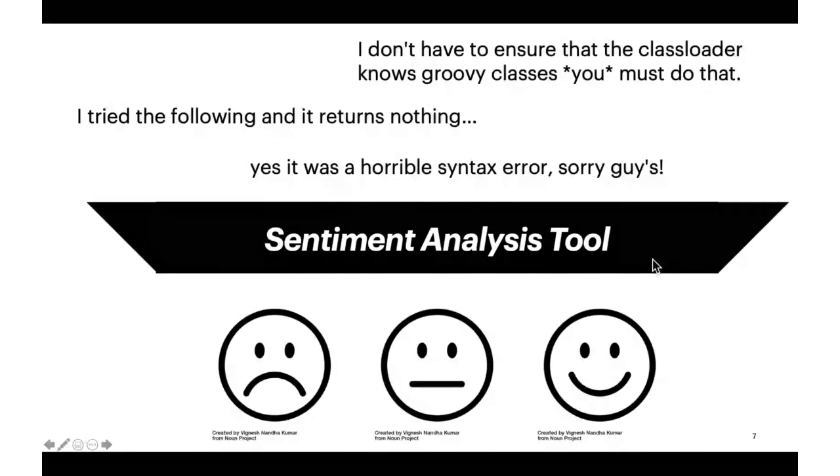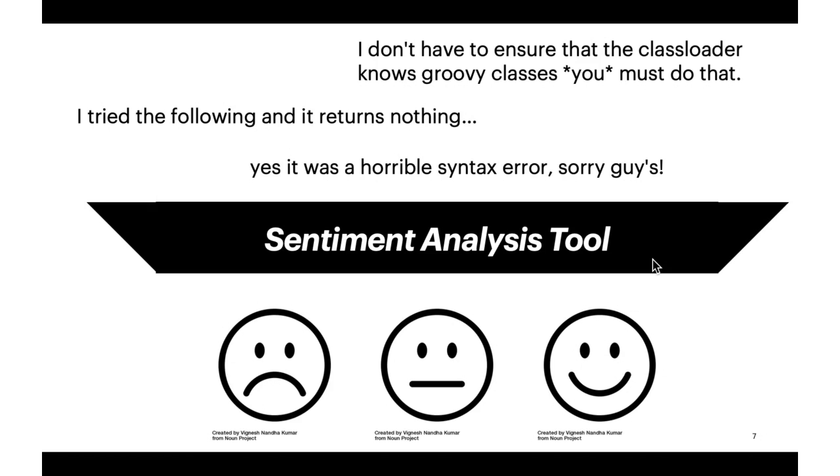Here we see a couple of examples. For instance, the first example: "I don't have to ensure that the class loader knows groovy classes. You must do that." This is a very clear indication of anger. This anger is directed at their fellow developer, so it's a negative emotion.